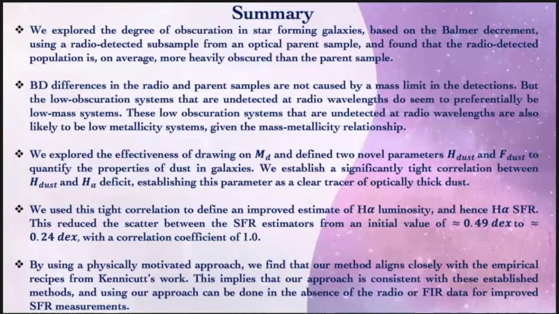Our approach can also be implemented in the absence of radio or far infrared data; having Balmer decrement, dust mass, and H alpha should be sufficient to obtain improved estimates of star formation rate.